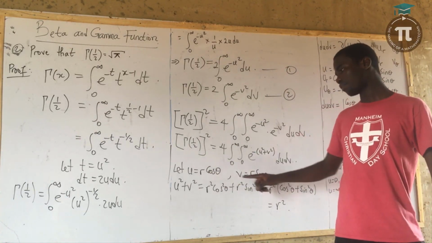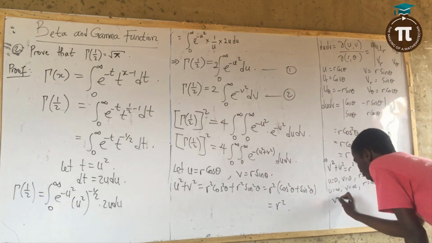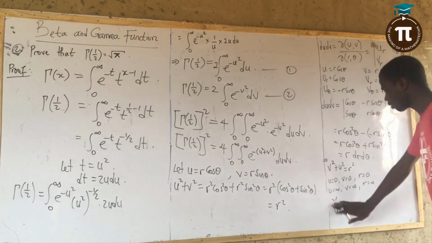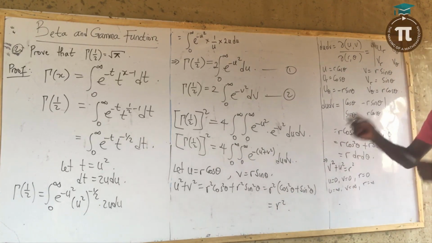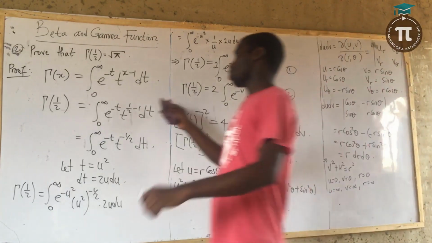Now, from here, if I have done v over u, let me rub off that side.